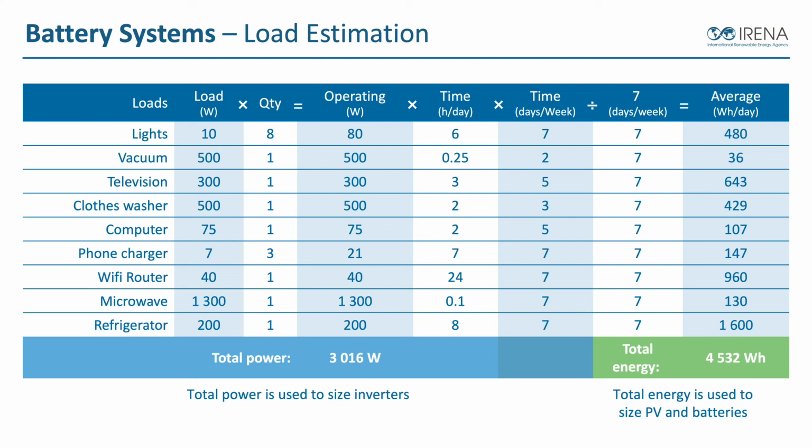That's a number that we need when we start to design systems to understand how big the PV array needs to be and how big the battery bank needs to be. Because if that's my daily energy usage, I need a battery that can deliver that every day. Now, what if I have 2 days of cloudy weather or 3 days of cloudy weather? We talk about what we call days of autonomy.